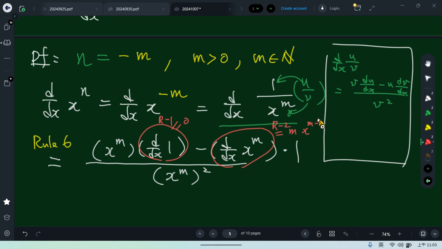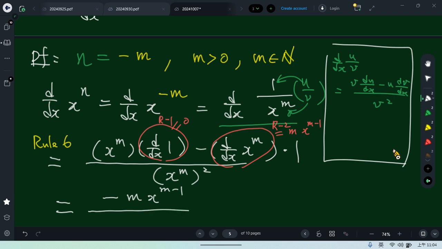This is rule number 2. Because here m is already a positive integer, we can follow rule number 2 to get the result m times x to the power m minus 1. So we can continue to simplify the complicated form. Because here is 0, 0 times x to the power m is still 0, right? And then we have minus m times x to the power of m minus 1.